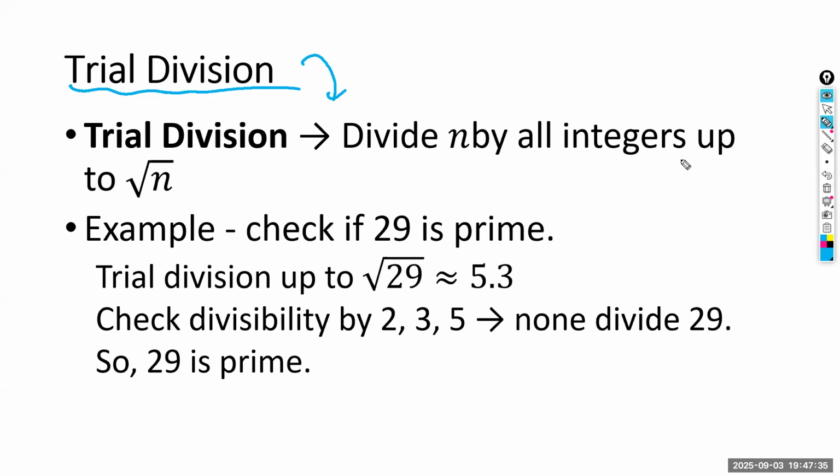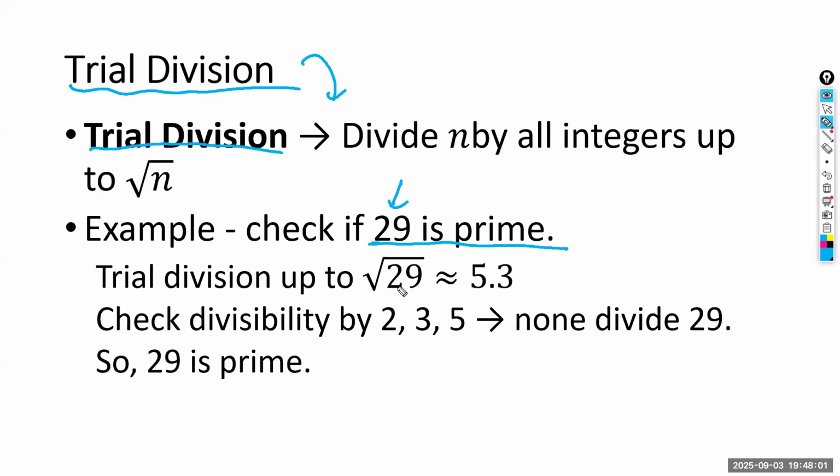This approach is called trial division: divide n by all integers up to root n. If you want to check whether a particular number is prime, say you want to check whether 29 is a prime number. Actually, 29 is a prime number, but let's assume you are not very sure. This is how you do it in the trial division approach.